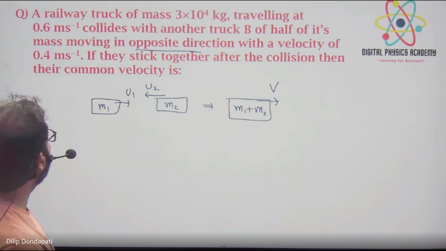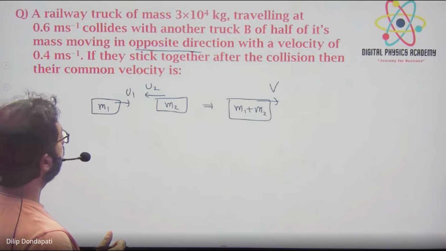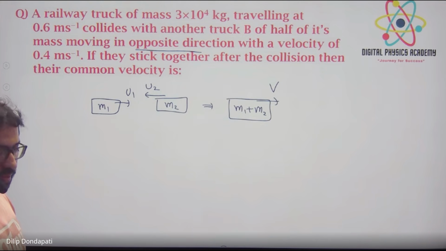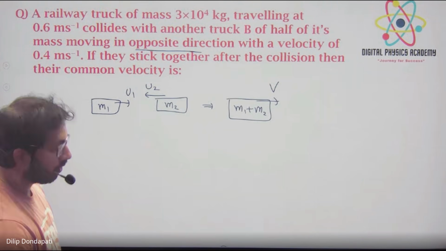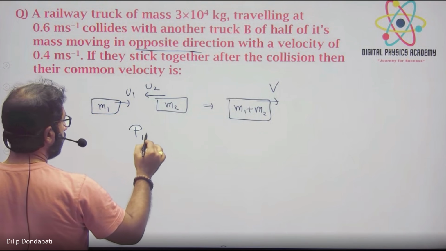Units, always take care, all are meters per second, no problem then. Sir, I'm getting 0.26. Yes, correct. Since they are initially moving, you have to apply initial momentum is equal to final momentum.